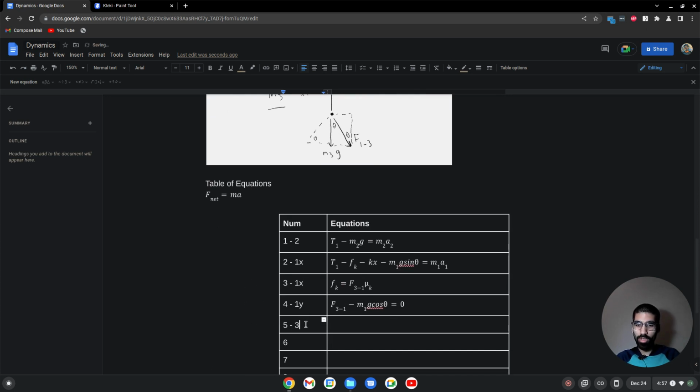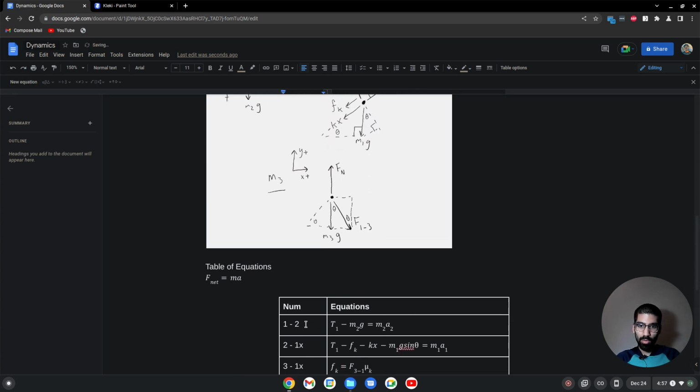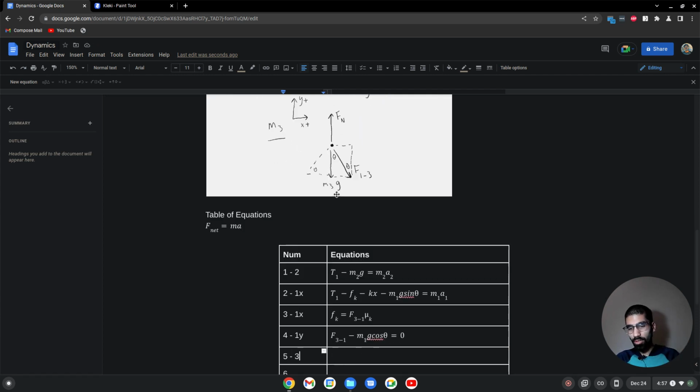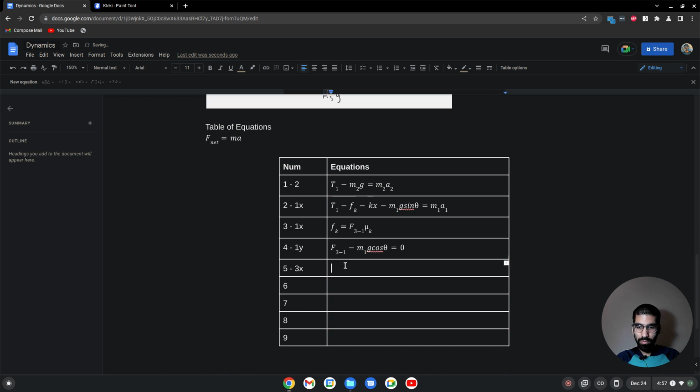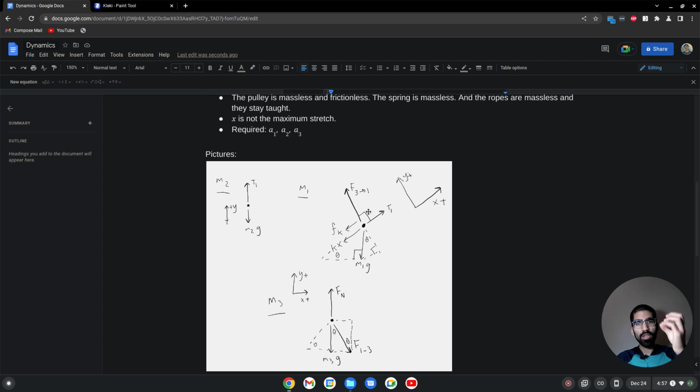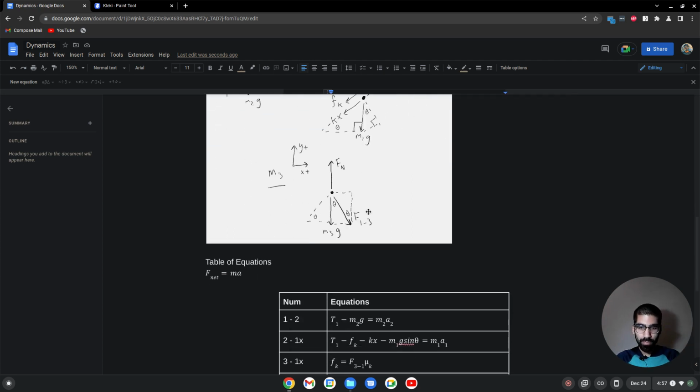So let's move on to the last mass, m3. Again, we're going to split up the x and the y directions. Let's start with the x. Here it's simple, you only have one force that has any part along the x-axis, which is F1 onto 3, so the force of the box onto the ramp.